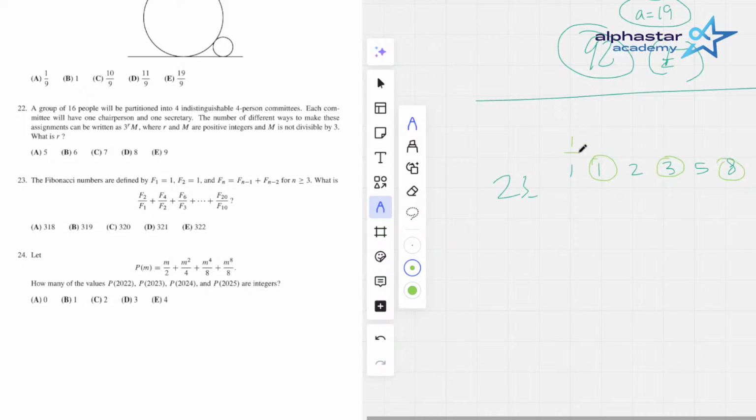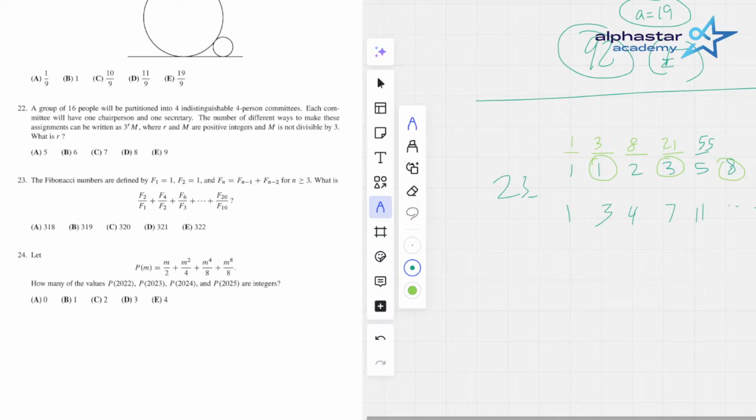So it'd be 1 plus 3 plus 8. Sorry, 1, 3, 8, 21. So this is the Lucas sequence, I think. 1, 3, 4, 7, 11, and so on. So that does seem to fit.